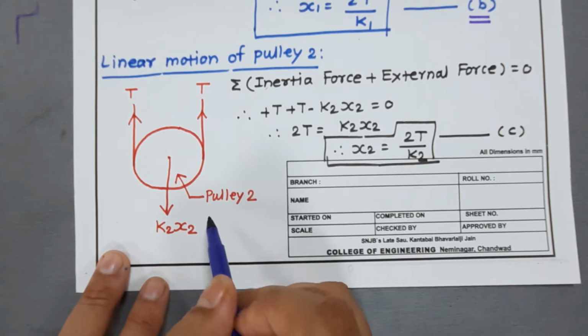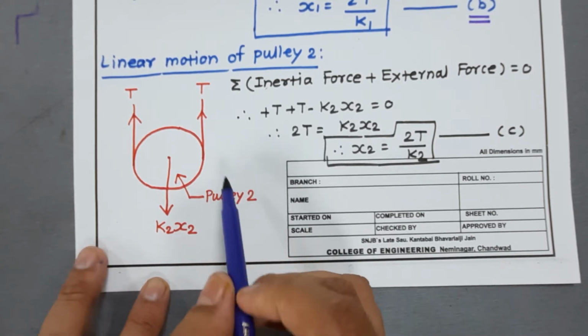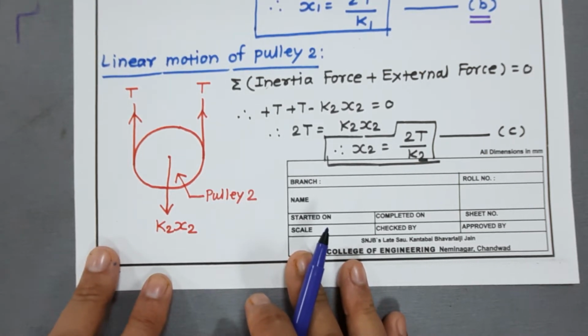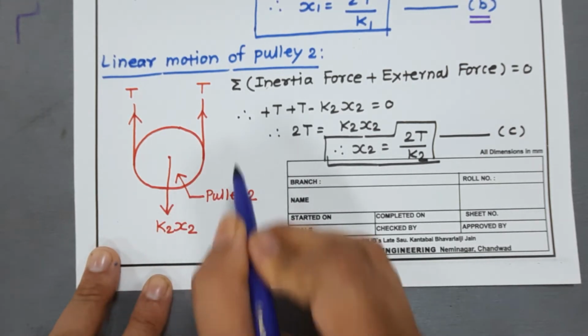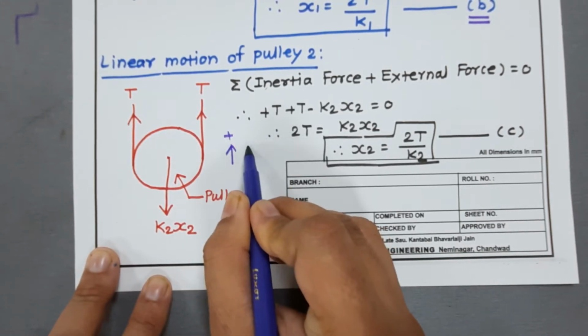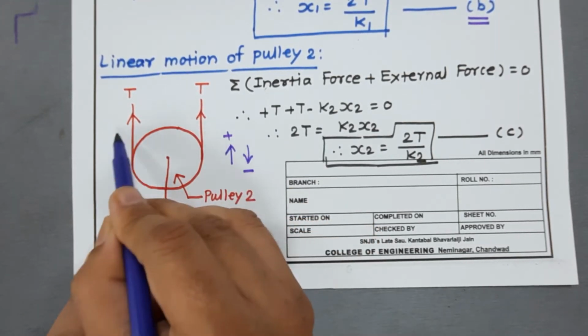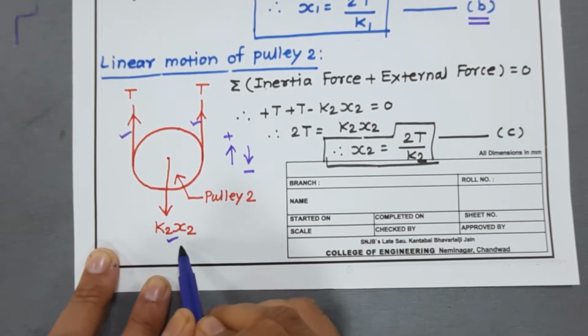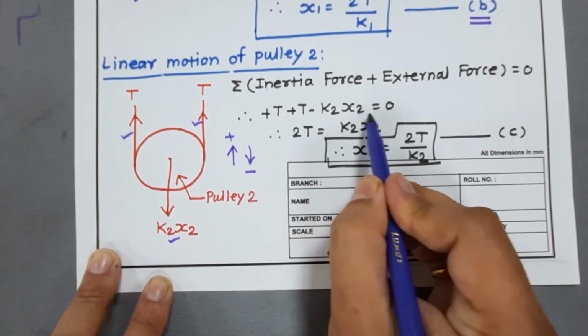Now again apply summation of inertia force plus external forces. Again assume this pulley 2 is stationary, so we take only the external forces. Again I take upward forces positive, downward forces negative. So here plus T, again plus T, and K2 X2 is in downward direction, so minus K2 X2 equal to 0.